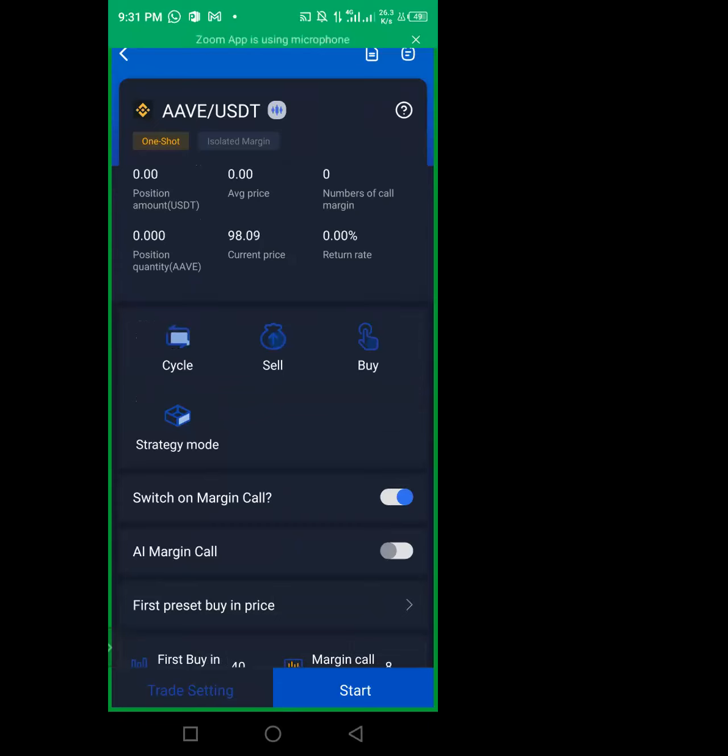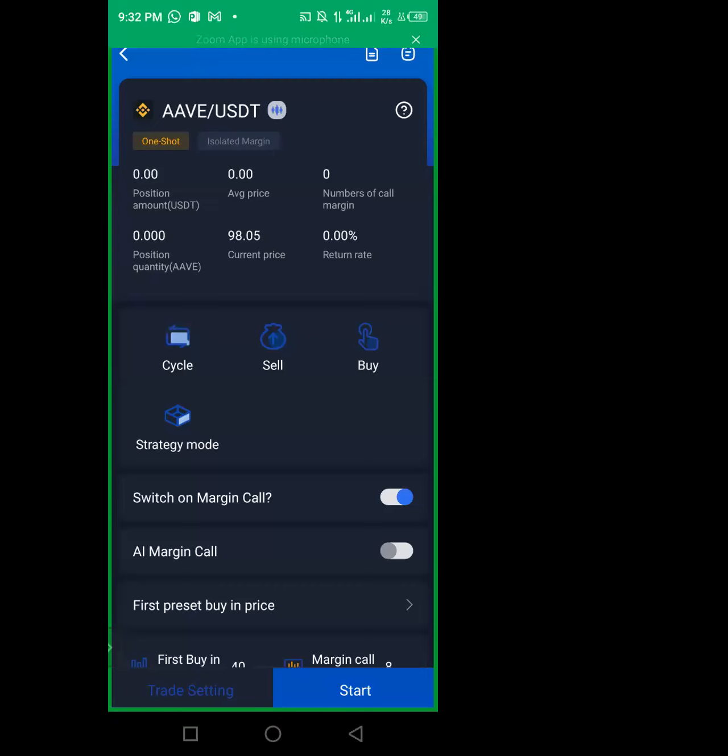What the robot will do, it will sell with that 0.5 or 0.7. It will sell with the current price, and you have your money with small profits on it. You have your money back in USDT in your spot wallet in your exchange. That is where we use the sell.